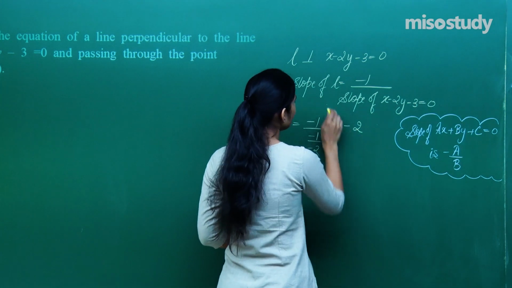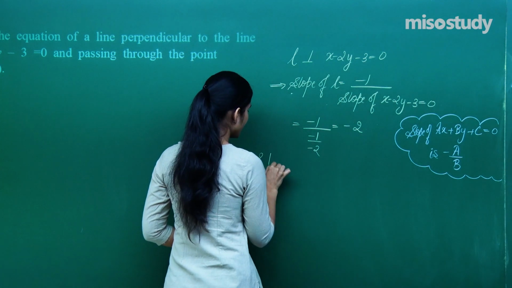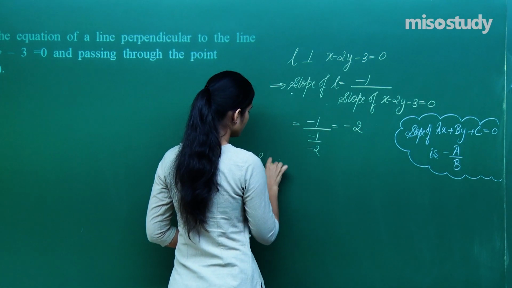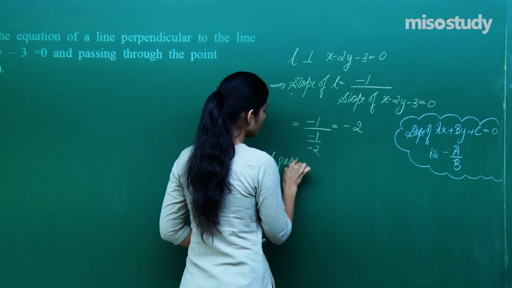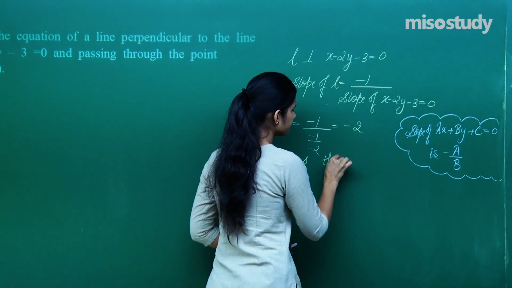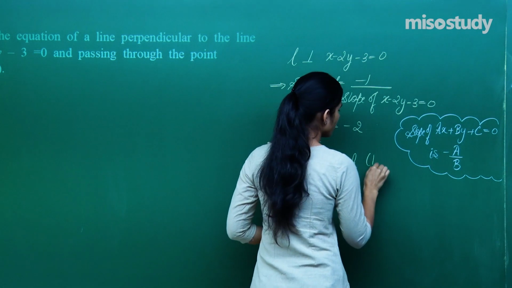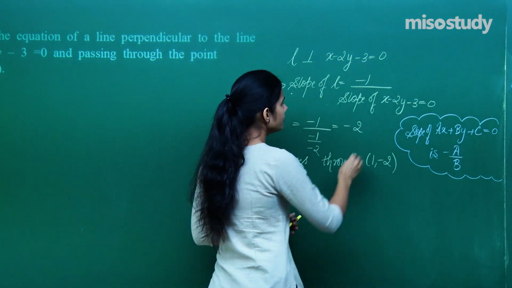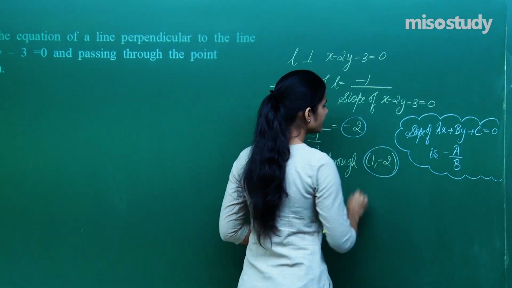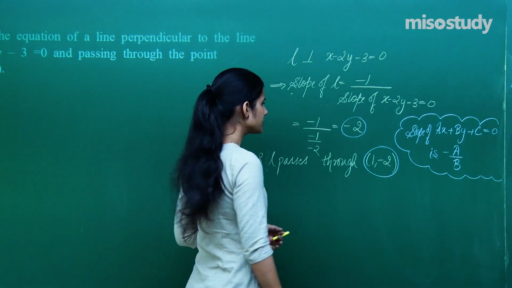Fine. So the slope of line L is minus 2, and L passes through (1, minus 2). Now you have the slope, and you have the coordinates of the point through which the line is passing.